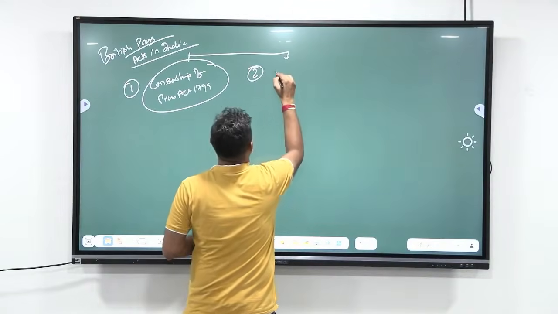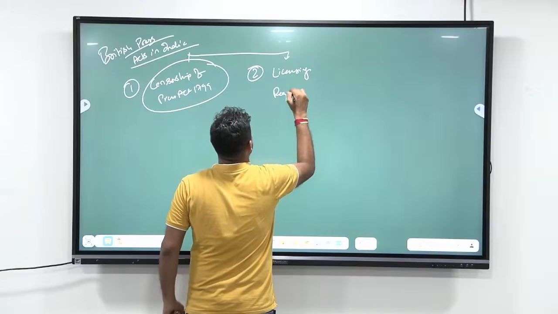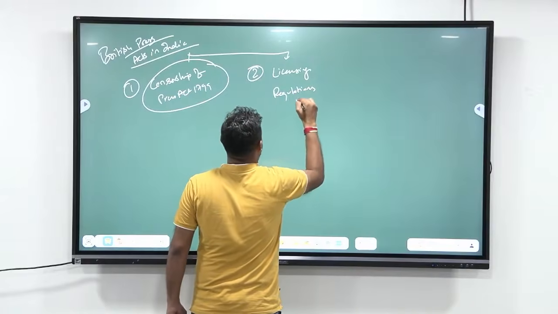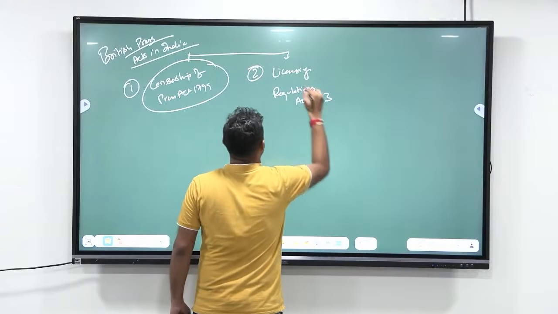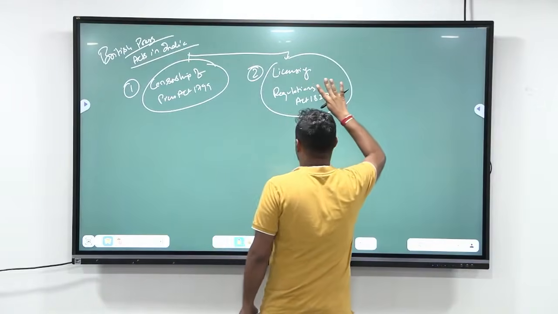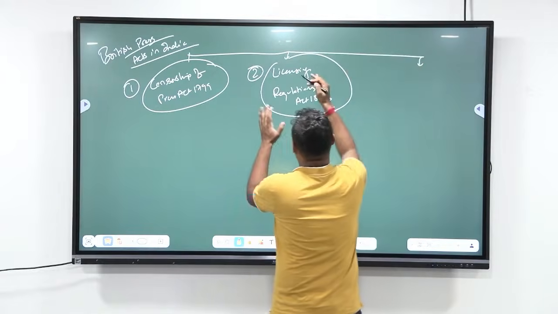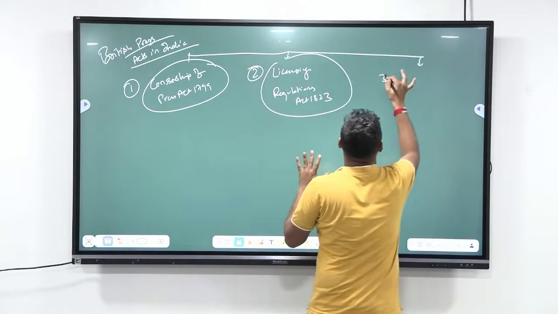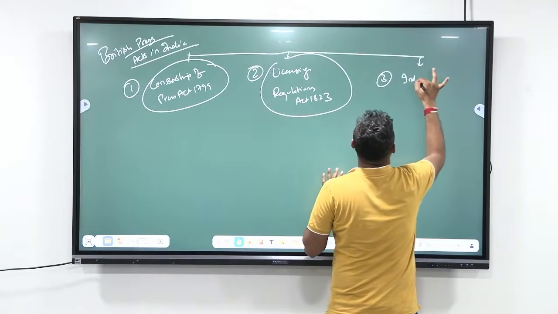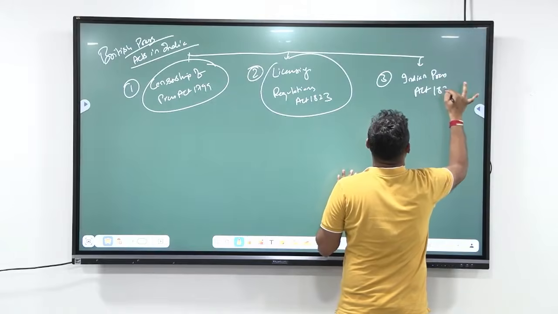The second one is the Licensing Regulations Act of 1823. John Adams, who is the acting governor, is the one who puts this in place. Now this is very, very restrictive. The third one is Indian Press Act 1835.